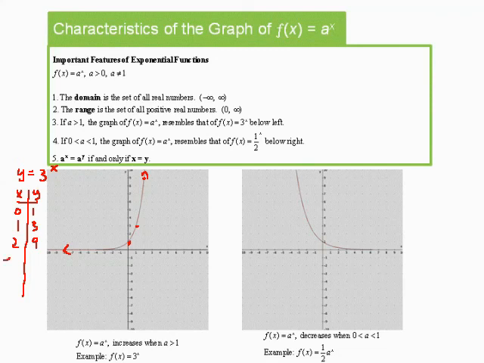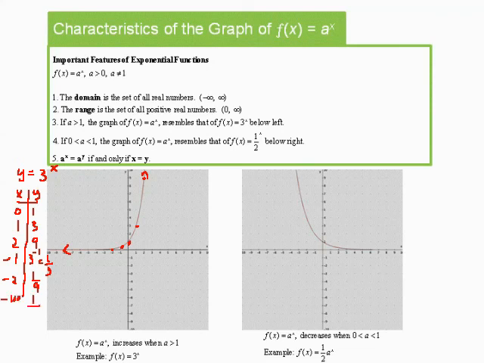Now watch what happens when x is negative 1. You get 3 to the negative first power, which we learned you bring down, so it's 1/3. So at negative 1, this thing starts coming down a little under 1, to 1/3. Negative 2 is 3 to the negative second power, 1/9, and so forth. Now, think about if we went way out there, like to the negative 100th power.